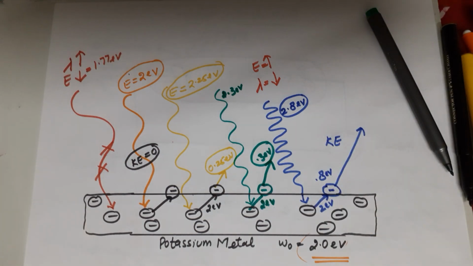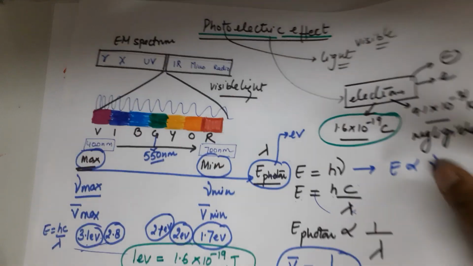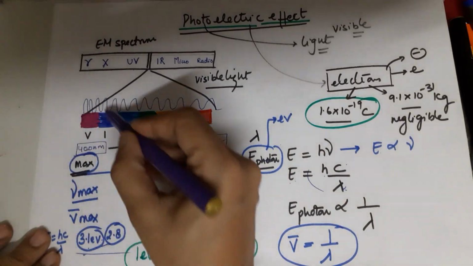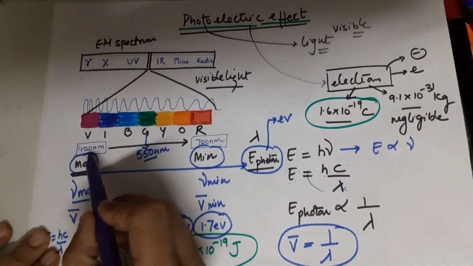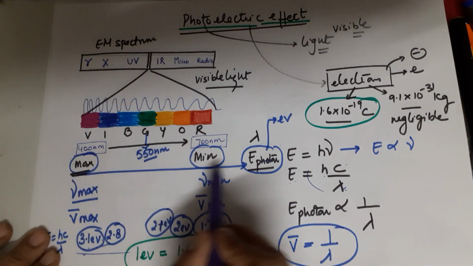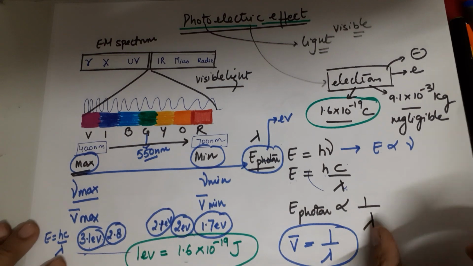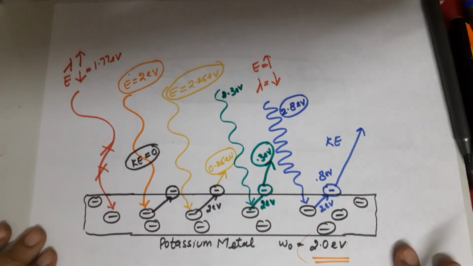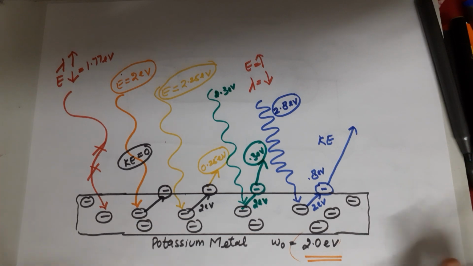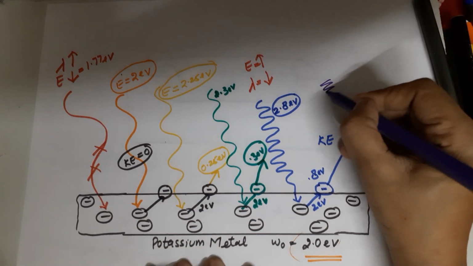Coming to the last part of the light. Referring to the last component of light, the violet component, it has the least wavelength, hence maximum energy, which is 3.1 eV. Now if I use this light, as you can see, I would be using a very low wavelength.